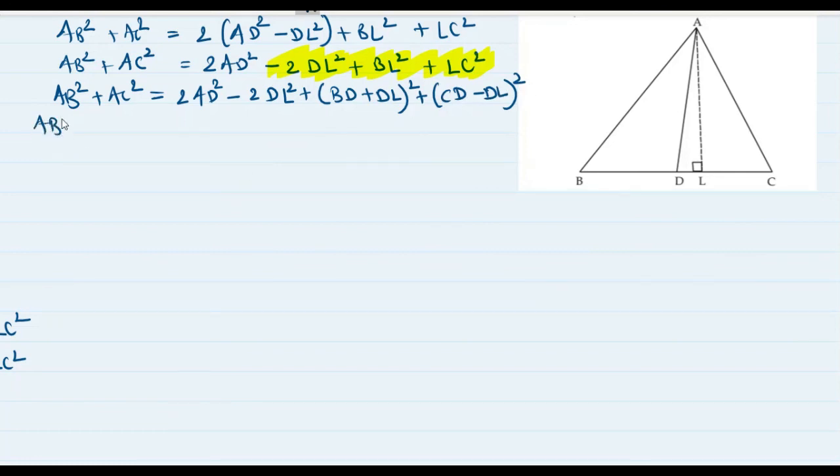So AB square plus AC square becomes 2AD square minus 2DL square plus BD plus DL the whole square.